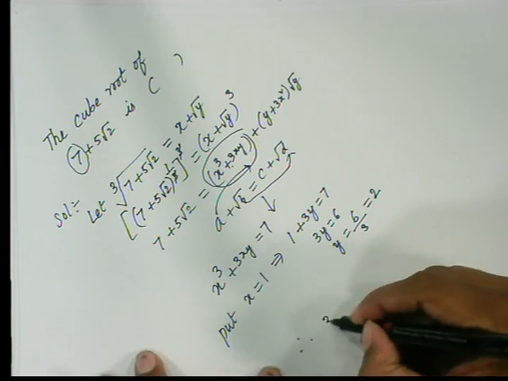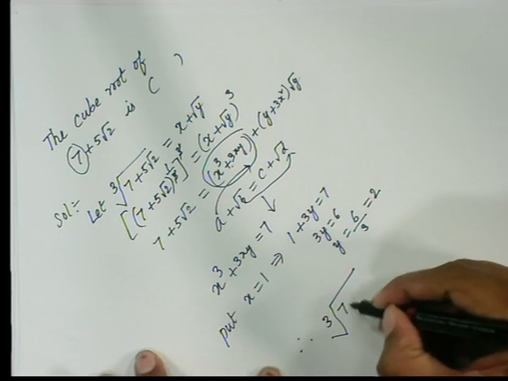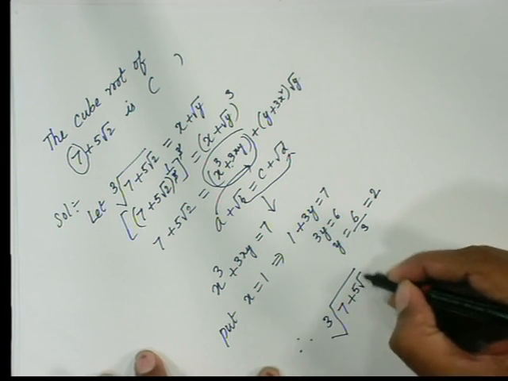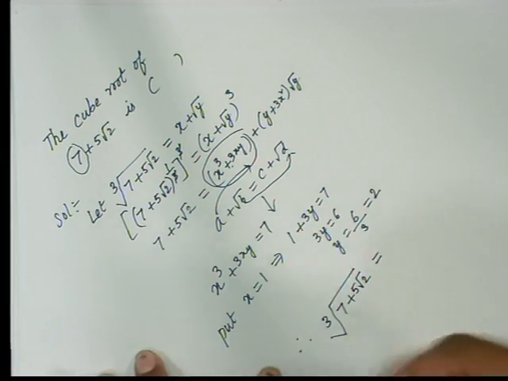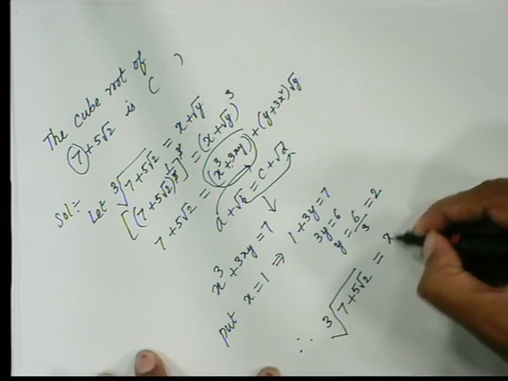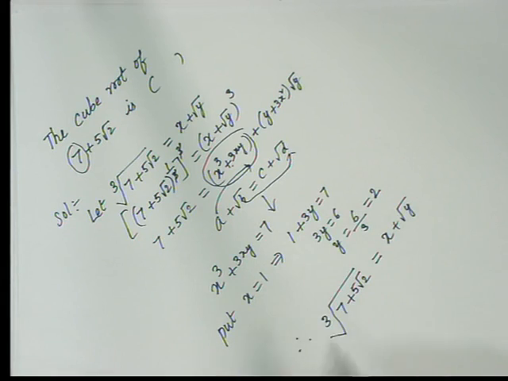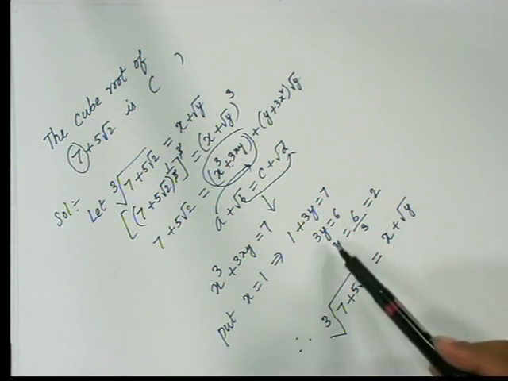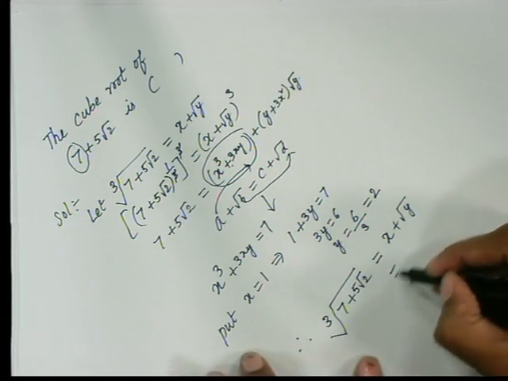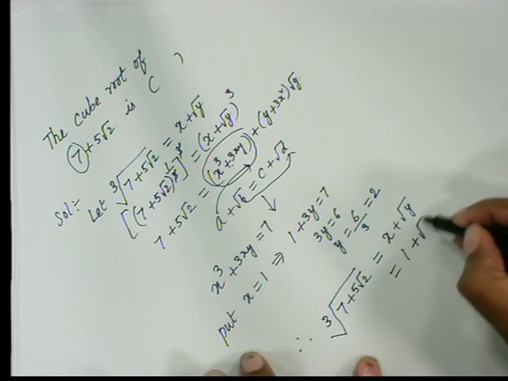For x is equal to 1, if you get the y value as an integer, then we have to stop. That will be our answer only. Therefore, the cube root of 7 plus 5 root 2 is equal to x plus root y. Now, what is x? 1, y is equal to 2, so 1 plus root 2.